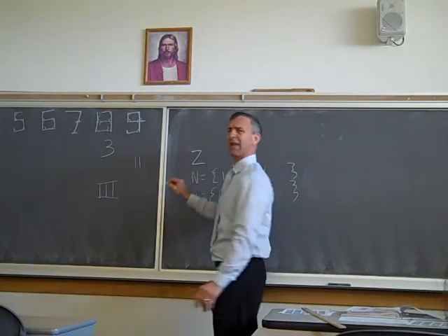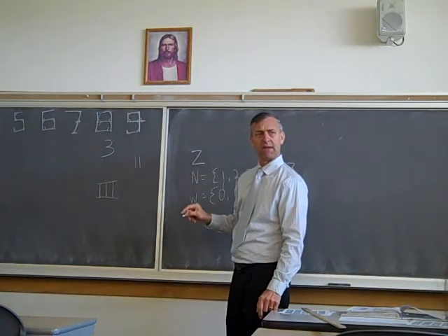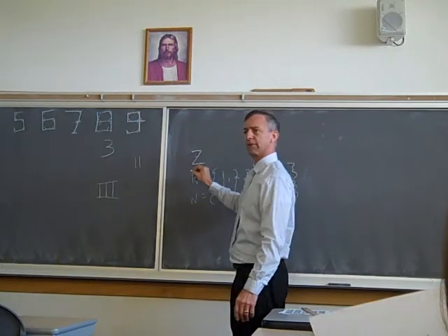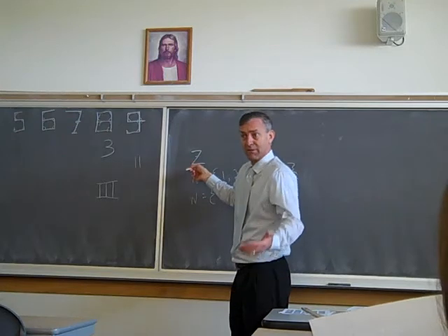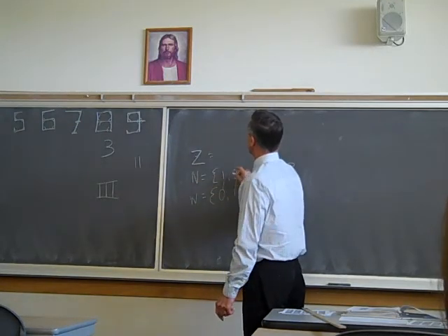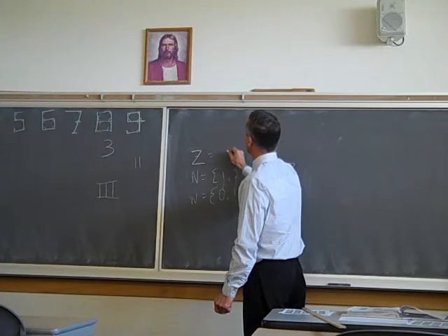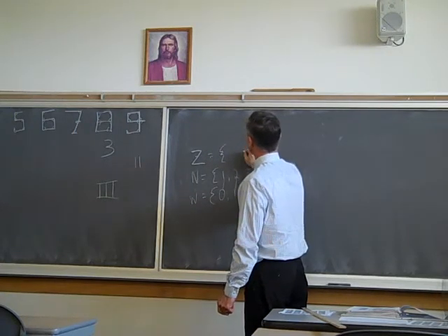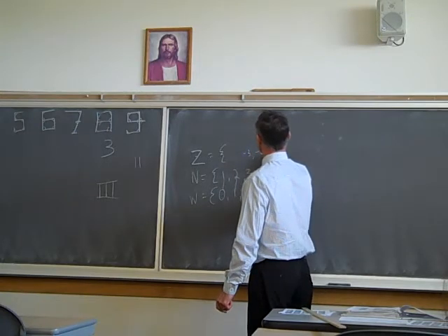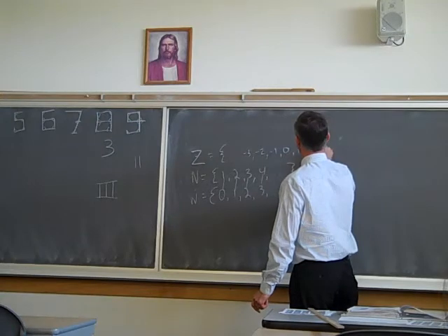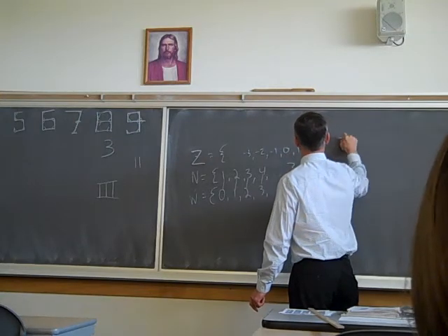Z. Does everybody know where that came from? I don't know why they did it, but the German word for integer starts with Z, and that's where it came from. Anyway, it goes like this. ... -3, -2, -1, 0, 1, 2, 3, ... right?